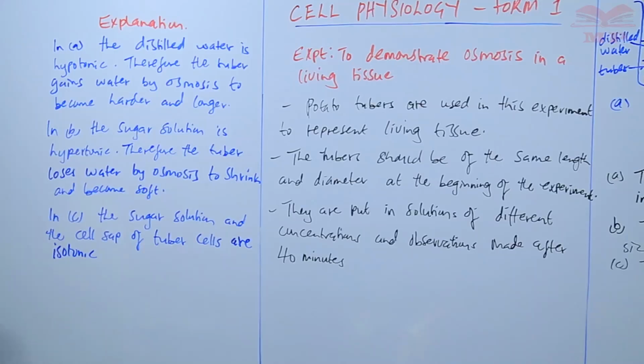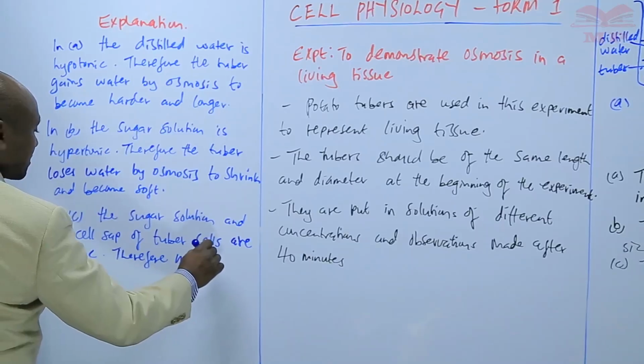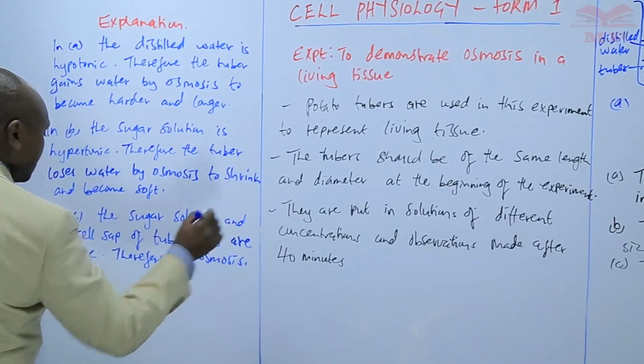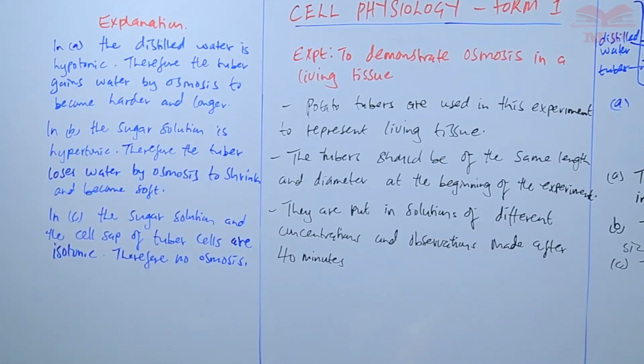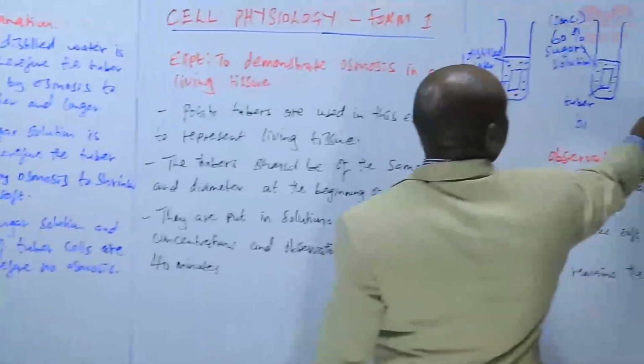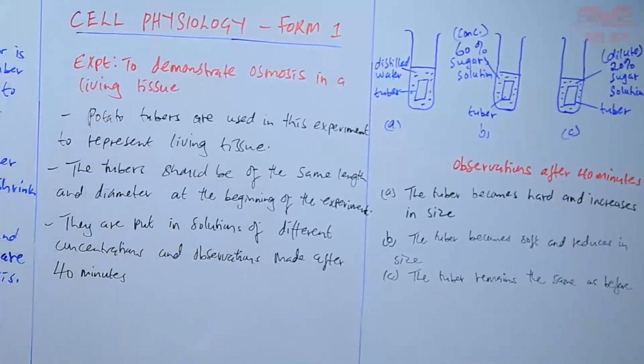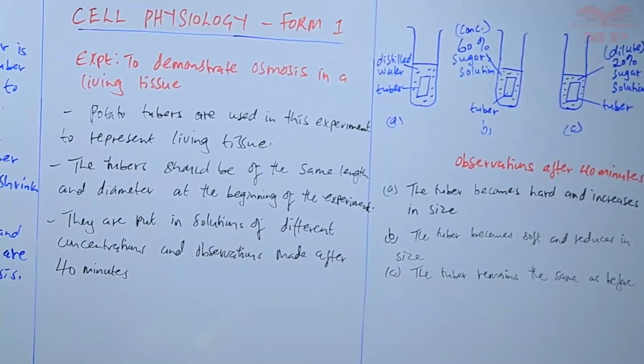That means equal concentration, therefore no osmosis takes place. So in that case, we can see that there is no osmosis that will take place because the tuber and the solution have the same concentration, or they have equal concentration.